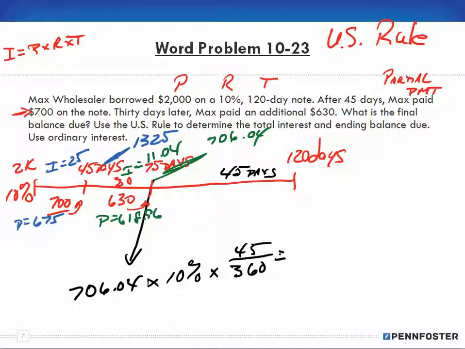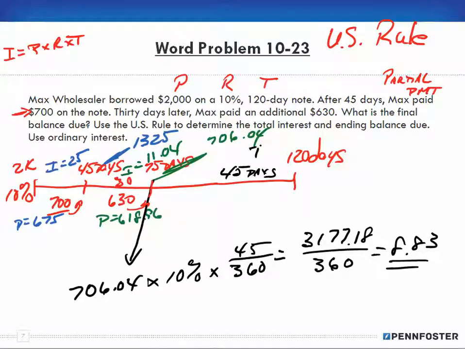Let me do that again. 706.04 times 10% times 45 days is 3,177.18 over 360. So we divide by 360, and we end up with interest of $8.83. Okay, so my interest is $8.83.